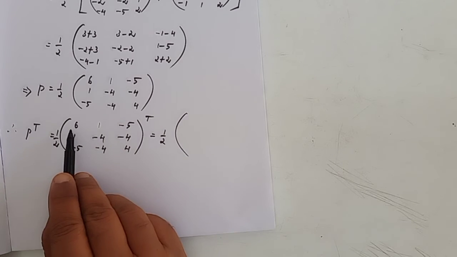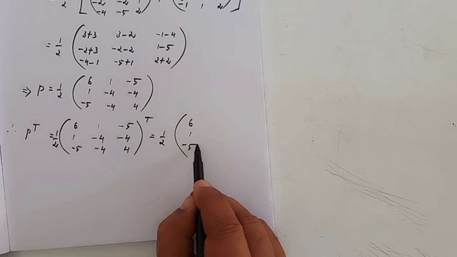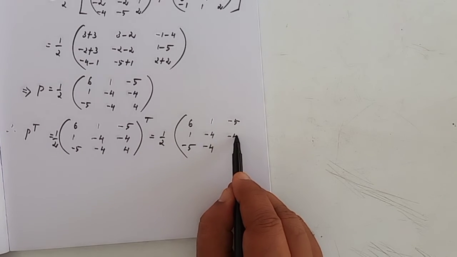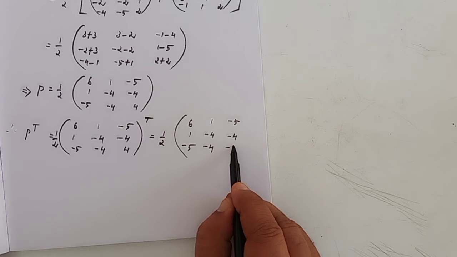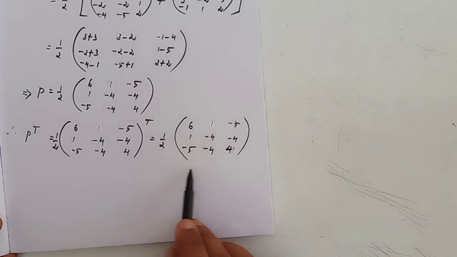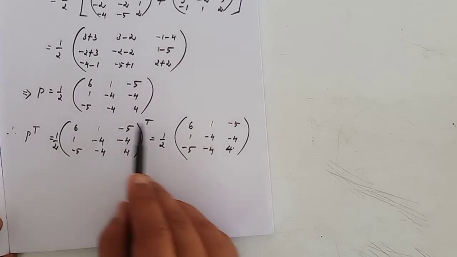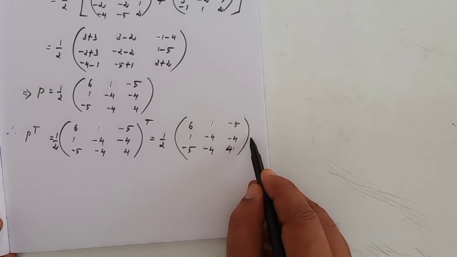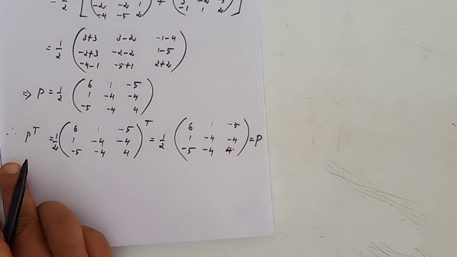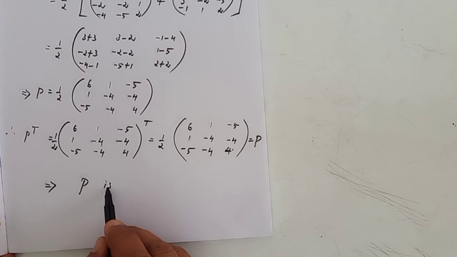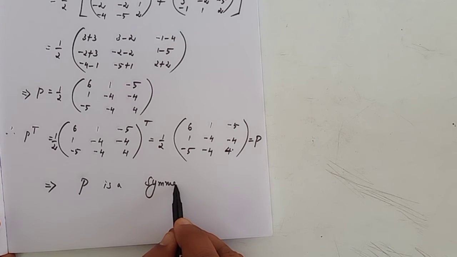Since we have transpose, write the first row in first column, second row in second column, third row in third column. Look at that, this is matrix P. Same, half, 6, 1, minus 5, 1, minus 4, minus 4, minus 5, minus 4, plus 4. So that is equal to P. What I have proved: P transpose is equal to P, which implies P is a symmetric matrix.